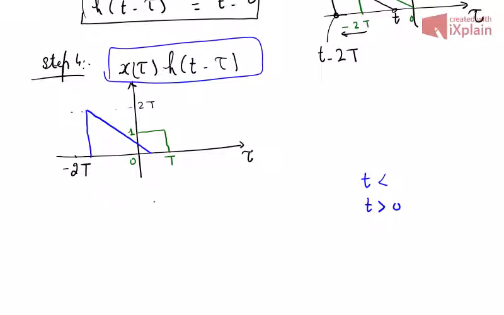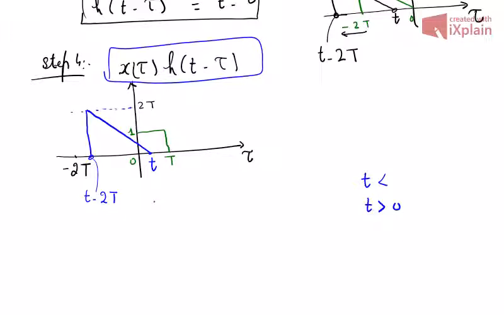See, this point is t, which is now a positive value. This point is t minus 2 times capital T. It has moved t units towards the right, and the peak value is still the same.